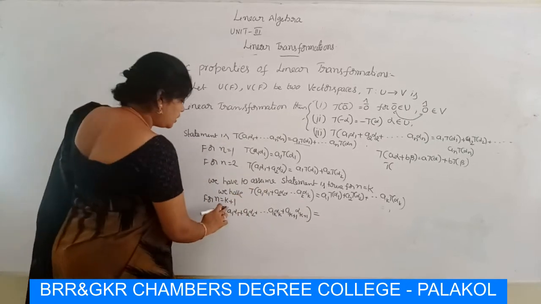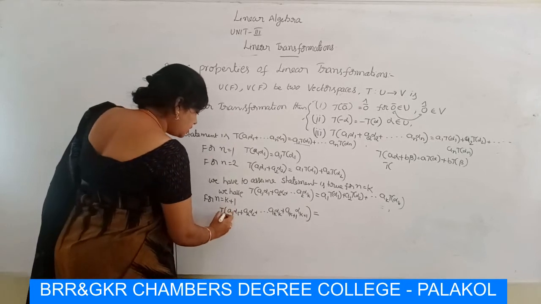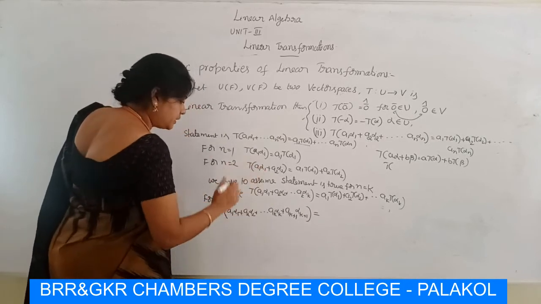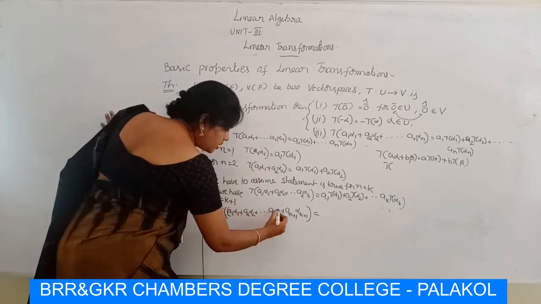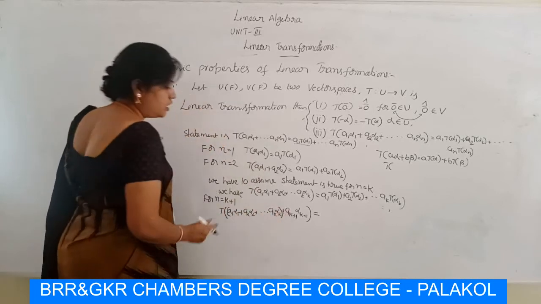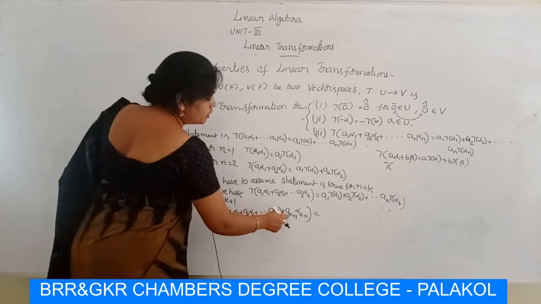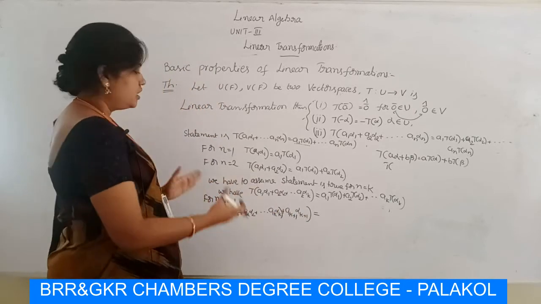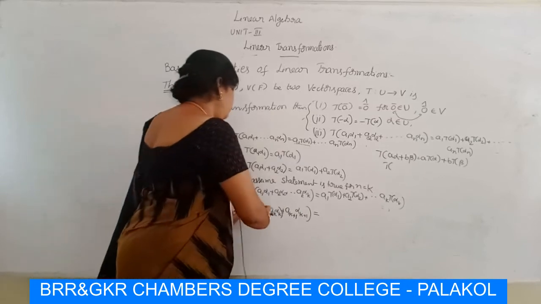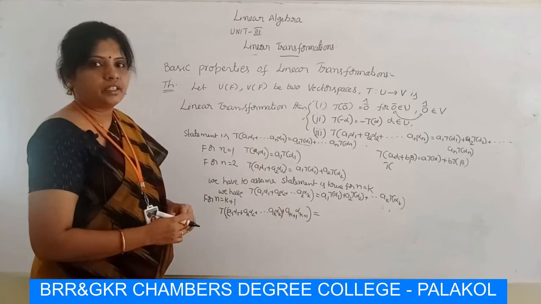So here we take a sum of two vectors, that is a1 alpha 1 plus a2 alpha 2 plus and so on ak alpha k is one vector and ak plus 1 into alpha k plus 1 is another vector. It is the sum of the two vectors.